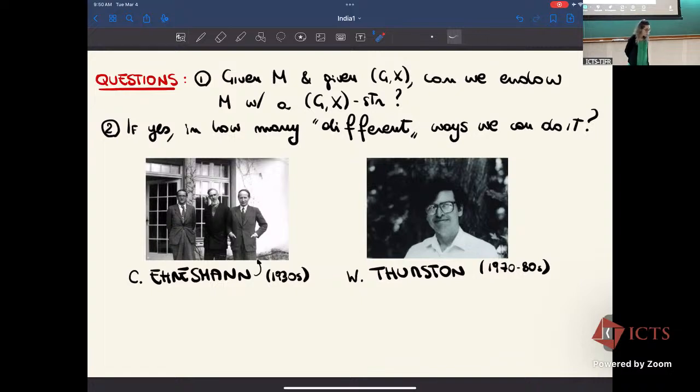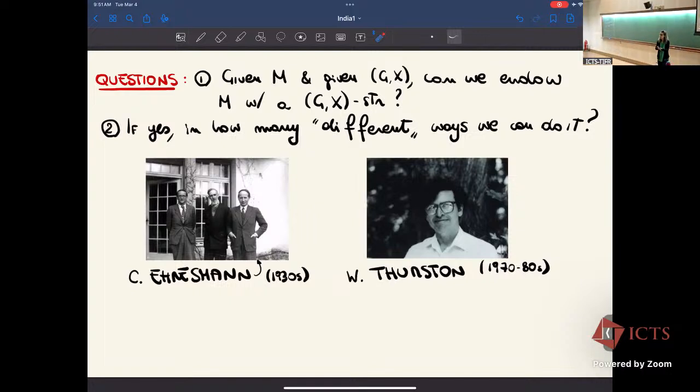But which questions can you ask about geometric structures? You might be handed a manifold and a geometry, and so you might ask, can you put this geometry on this given manifold? And in the cases where the answer is yes, you can ask in how many ways can you do it.